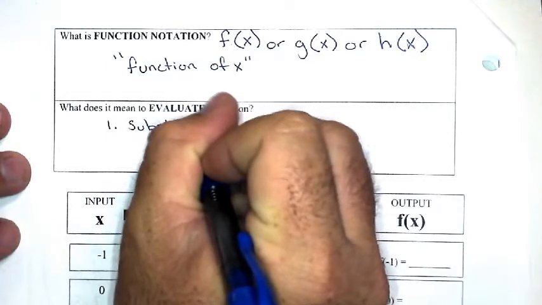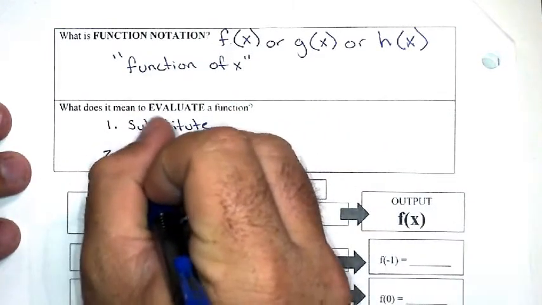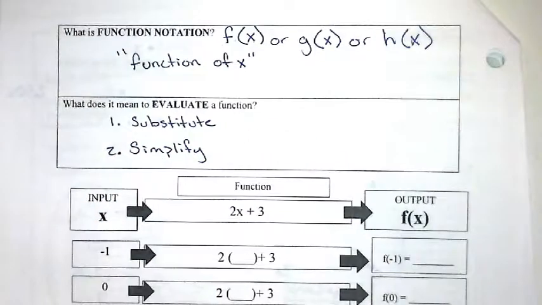Step 2, then simplify. You're going to substitute, then simplify. This is what you're going to do on this one. Substitute, then simplify. That's all you're going to do. Nothing more, nothing less. Okay?